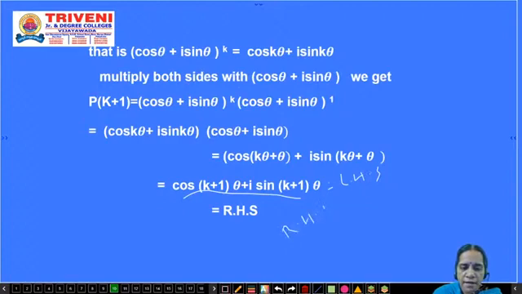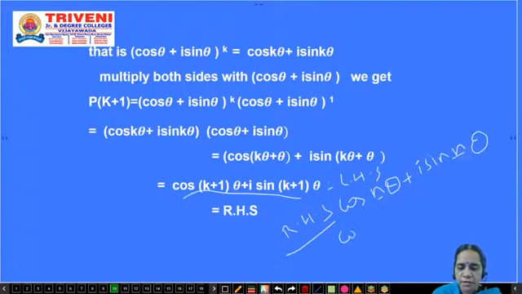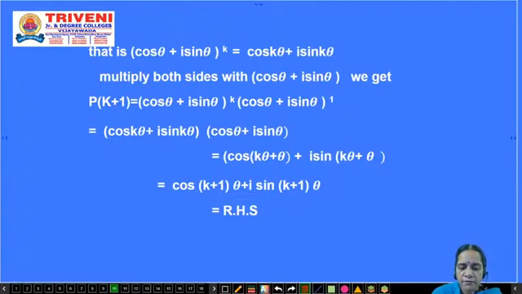RHS is cos n theta plus i sin n theta. In place of n we substitute k plus 1: cos of (k plus 1) theta plus i sin of (k plus 1) theta. This value and this value are equal. Therefore, LHS is equal to RHS. This theorem is proved in case 1.